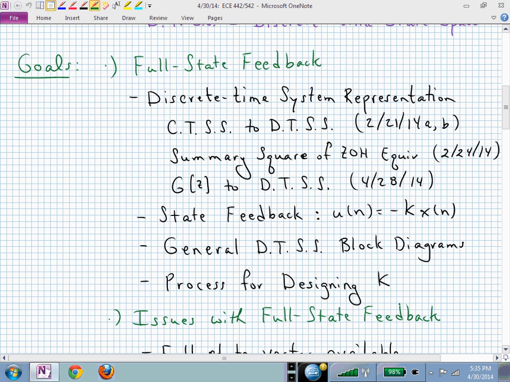And we'll represent this in a general discrete time state space block diagram. By that I mean now we will have a block that's really a collection of blocks, but we'll just label it as a D, a delay block. If we had a 10th order system, that's like a collection of 10 delay blocks. And we'll show how that is created in today's class.